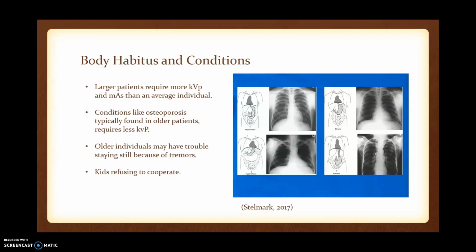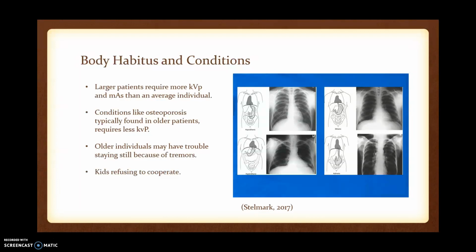So that's why you take age into consideration, because you could have two hyposthenic patients, same weight, same size, whatever, but one's 20, the other one is 45 or so. You're not going to use the same KVP.